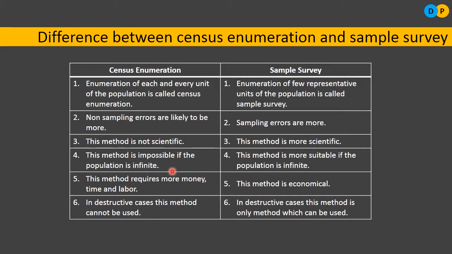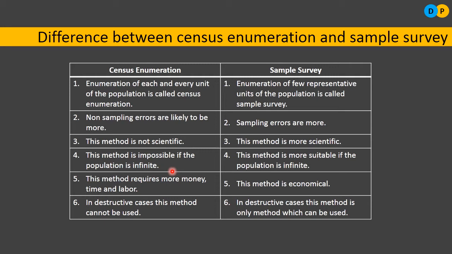Is it possible? There are too many big trees, small plants, big plants, and different varieties of plants. They are infinite in number. No, this method is impossible if the population is infinite. When we don't know the number of units within a population, it is highly impossible.